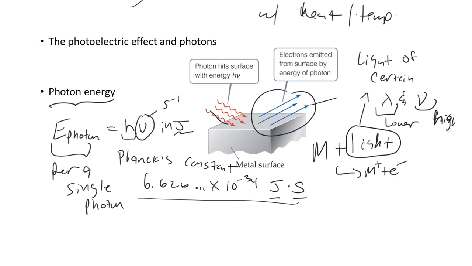And then you can also use the conversion we had before, that nu is equal to c over lambda, and sub that in for frequency, so you can calculate your photon energy, which is h nu. You can sub in hc over lambda.